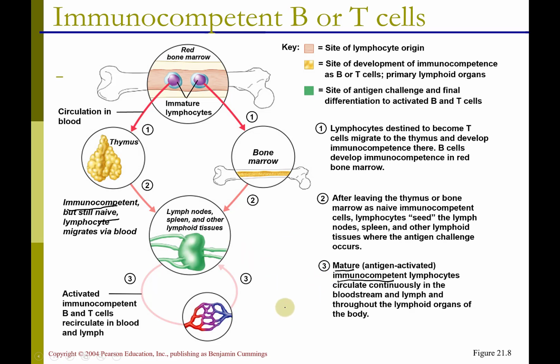Now, one last point I want to make about this process is that these lymphocytes are becoming immunocompetent before they even meet the pathogen. Remember, they meet the pathogen in the lymph node, but they're becoming immunocompetent here. So in other words, they're acquiring that one receptor for a very specific antigen before you've even been exposed to it. So the question here is, what determines what our immune system reacts to?